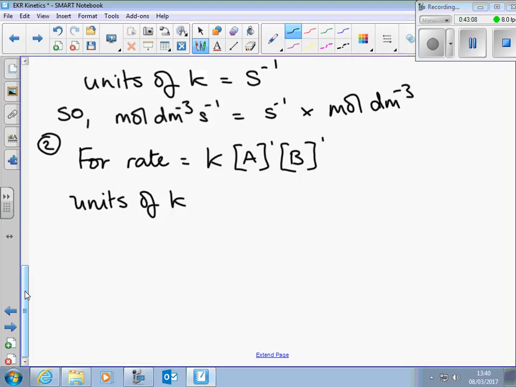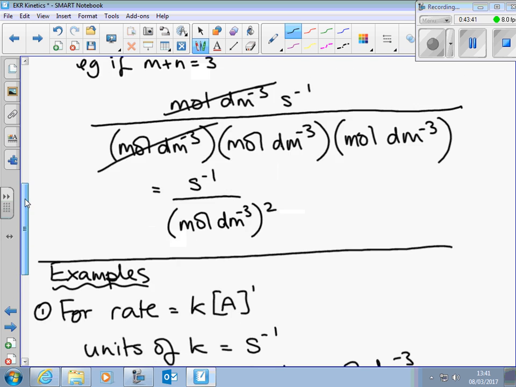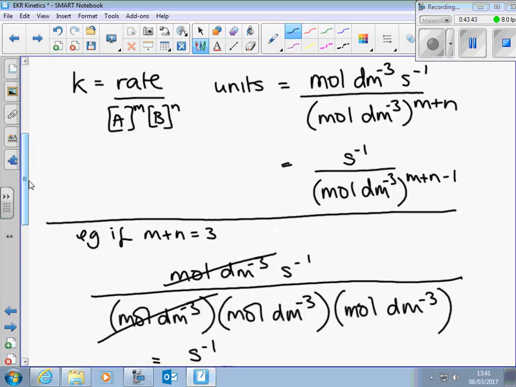Now this is where it will start getting a little tricky. We're going to have to sort of simplify in a way the units of k using this, let's go back up here, using this, all right, that's really important.